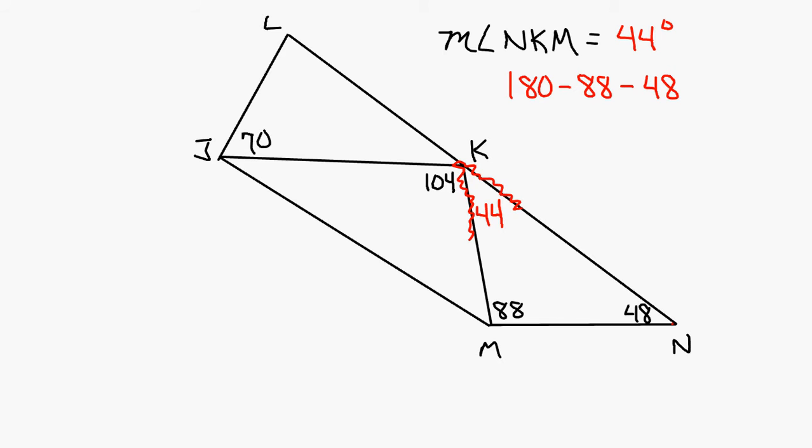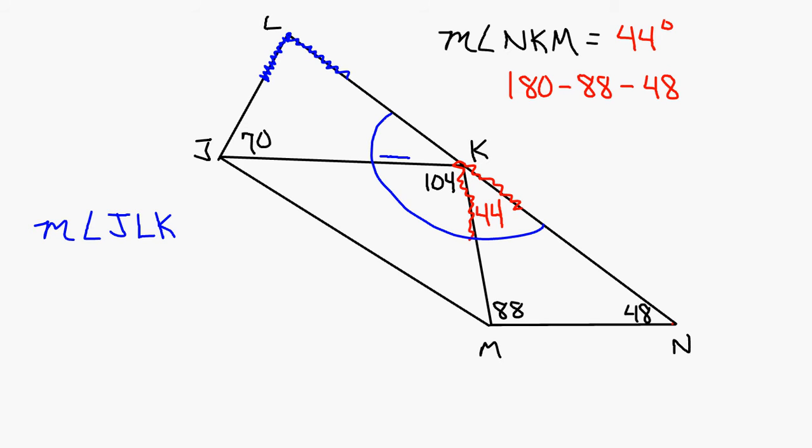Now the measure of angle JLK, which is here, isn't it? They're giving you some clues. What do these three have to add up to? 180, right? Because they form a straight line, like a linear group.